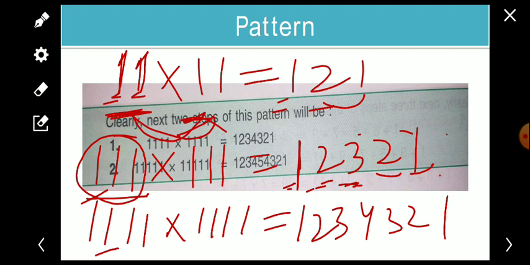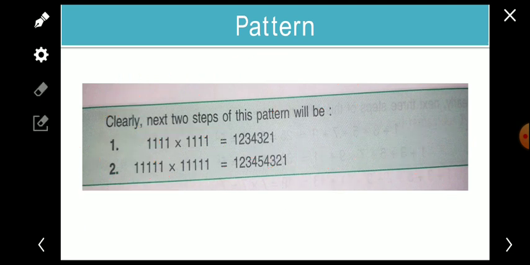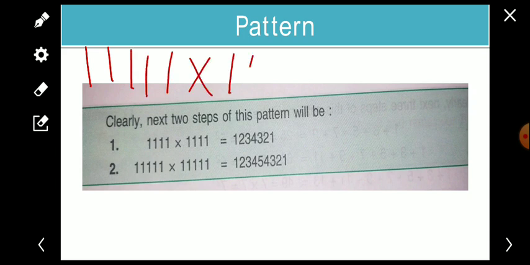If 4 are there, what will you write? 1 2 3 4. 4 are there, so we will stop at 4, and again we will go in reverse manner, 3 2 1. So like this, if 5 ones are there, 11111 into 11111, how many ones are there? 5.